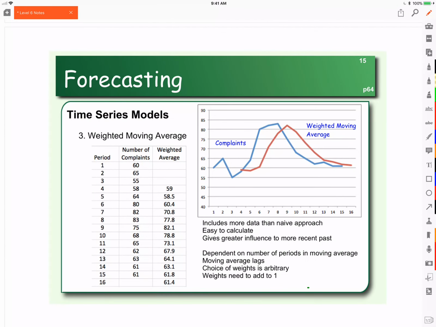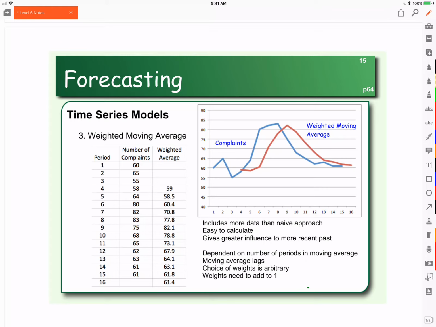So here on this graph, you can see the weighted moving average versus the actual, and this is with a 3-period weighted moving average using the 50-30-20. The benefit of a weighted moving average is it includes more data than the naive approach. It's still not complicated to calculate, and it has the benefit over the moving average of that additional weight on the more recent.